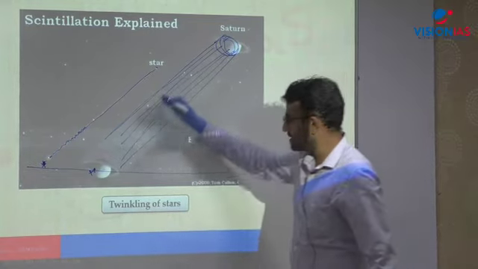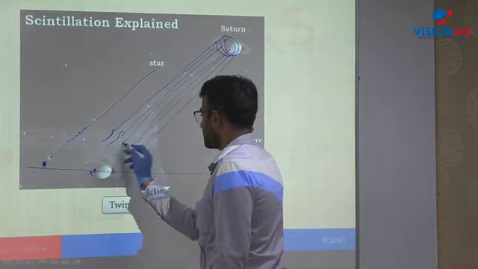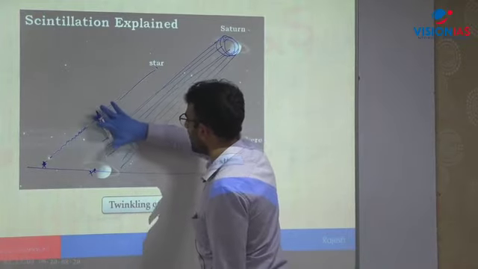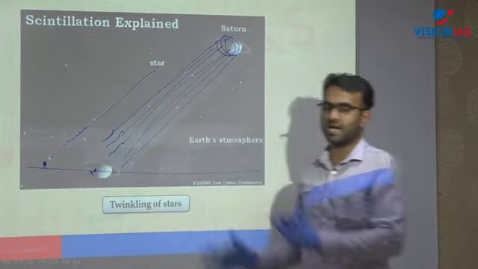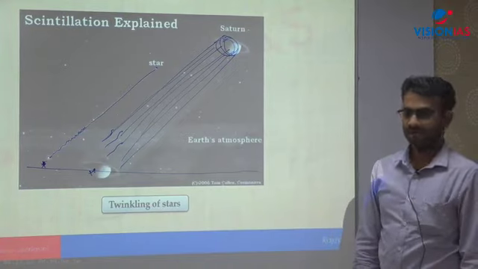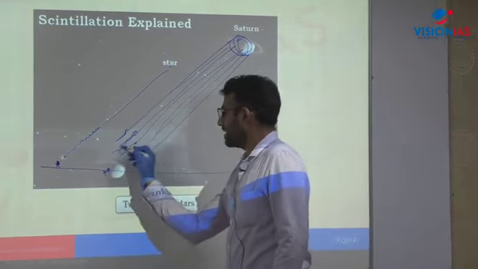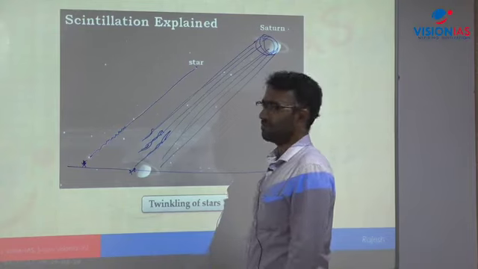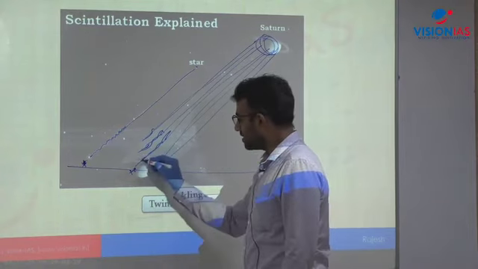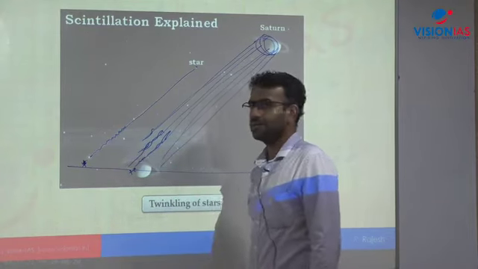Of course even this light also undergoes scattering, but not the entire beam would undergo the scattering together. So if one ray of light is undergoing scattering, there is another ray to compensate for that. If this is undergoing scattering, there is another ray to compensate for that.